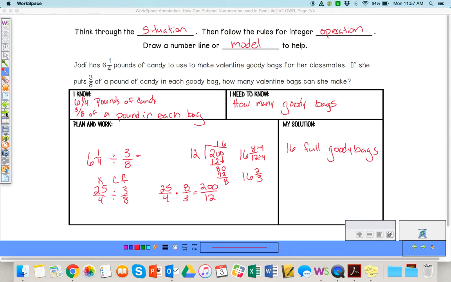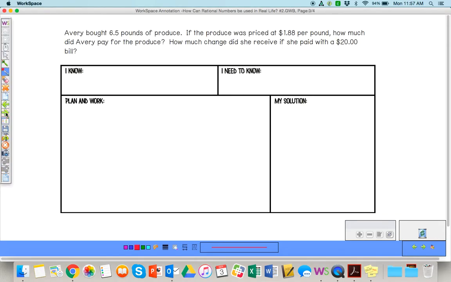All right, next problem. Avery bought 6.5 pounds of produce. If the produce was priced at $1.88 per pound, how much did Avery pay for the produce? How much change did she receive if she paid with a 20?